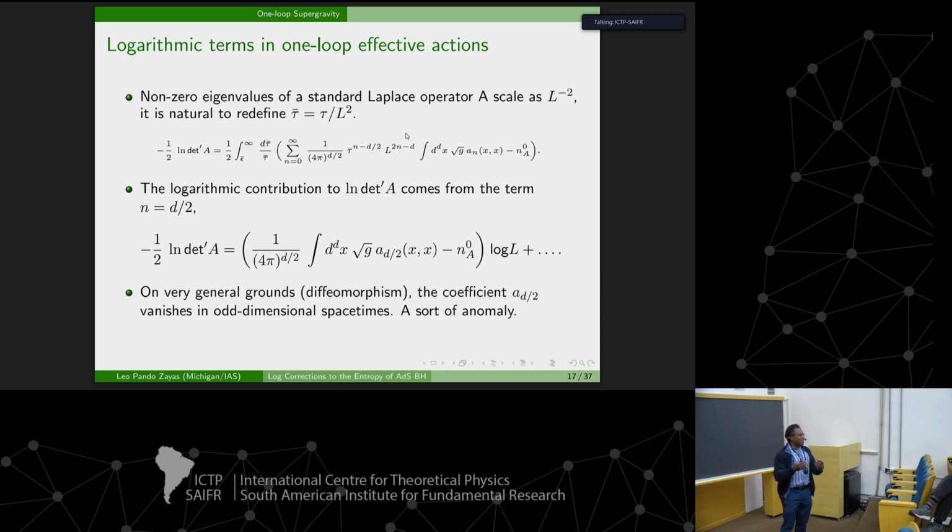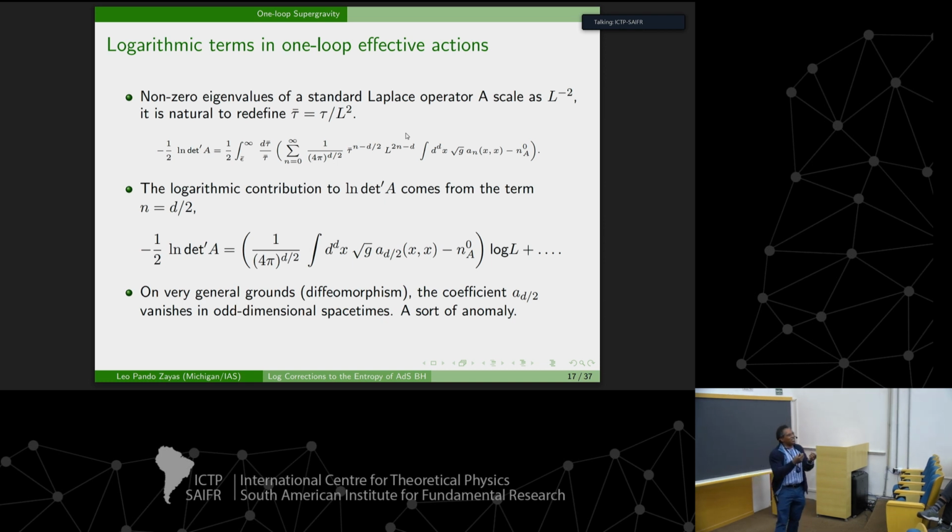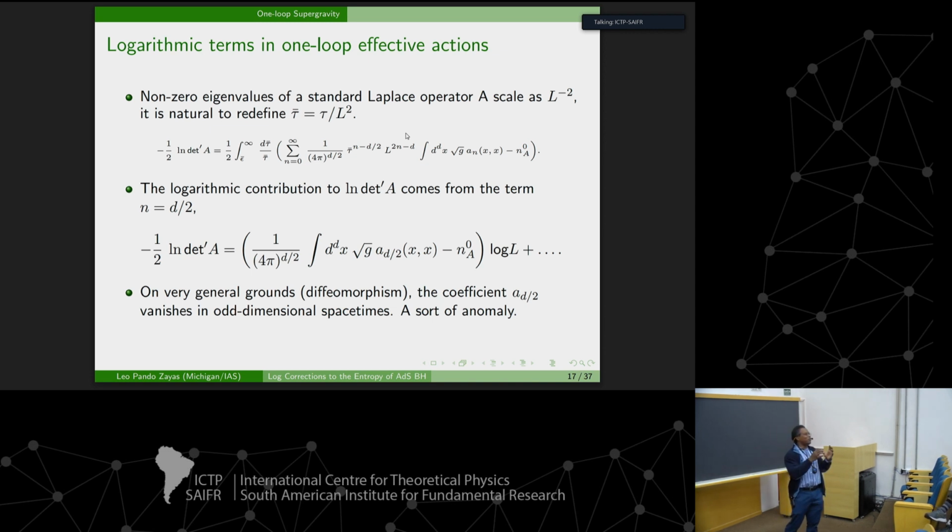I never mentioned anomaly in the computation, but the fact that the answer is very robust is like anomalies, which we know are one-loop protected. So this is the flavor that you should attach to this number. This number is some sort of anomaly that comes with the set of fields that you have, or of course, the background. For me, that is the cleanest way to see the nature of this term. So it's very close to being an anomaly in that sense.